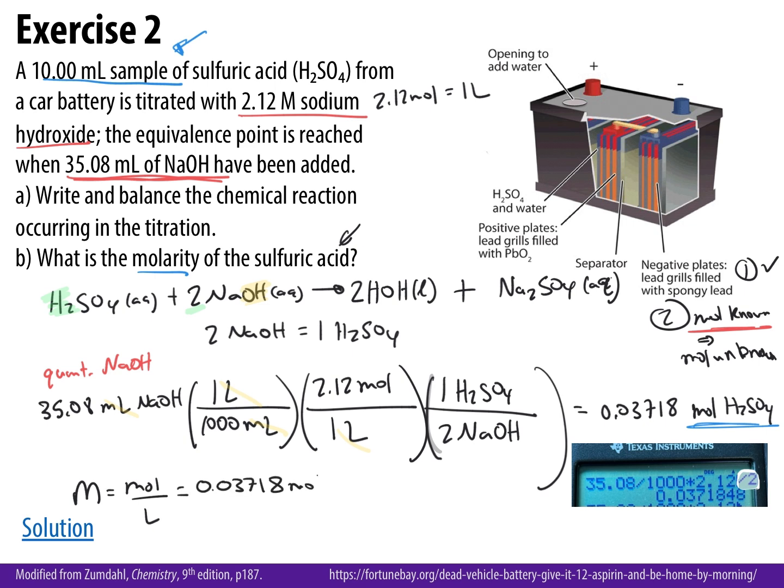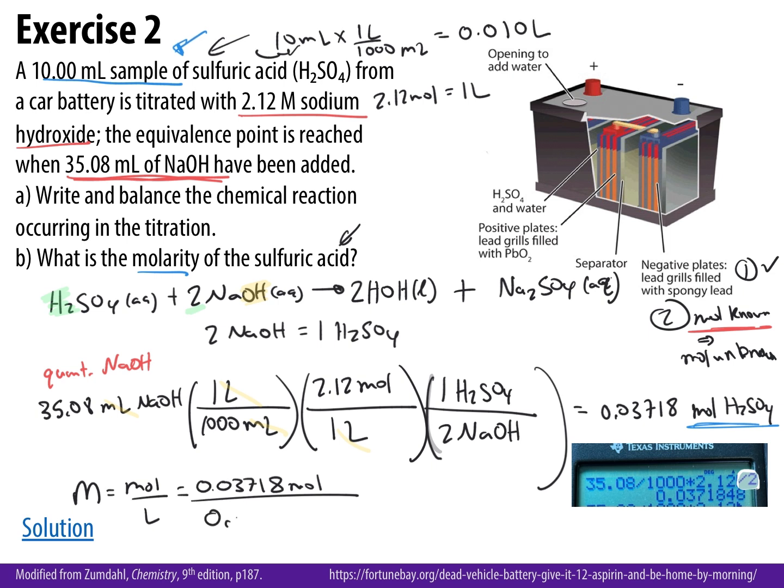0.03718 moles. Then the liters of H2SO4 is 10 milliliters, which, again, I can do a unit conversion times 1 liter over 1,000 milliliters, or just move the decimal place 3 places left. Either way, I should get 0.010 liters.